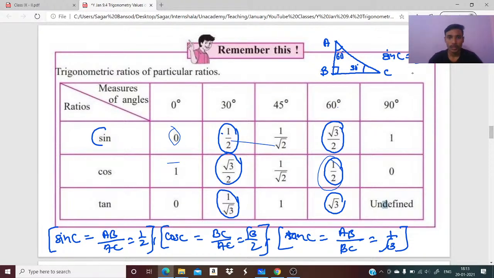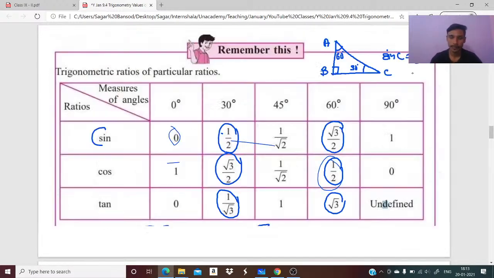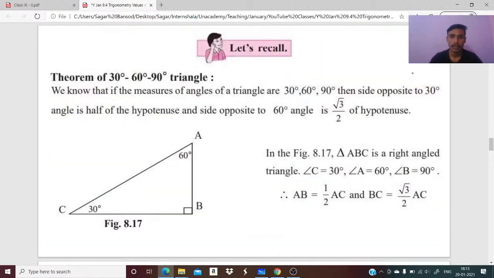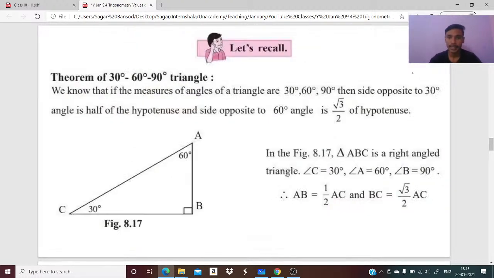For that, first of all, let us start with 30 degrees. If the angle of any triangle is 30 degrees, then what is the sine, cos, or tan ratio for a 30 degree angle? Okay, then let us start with the proof.